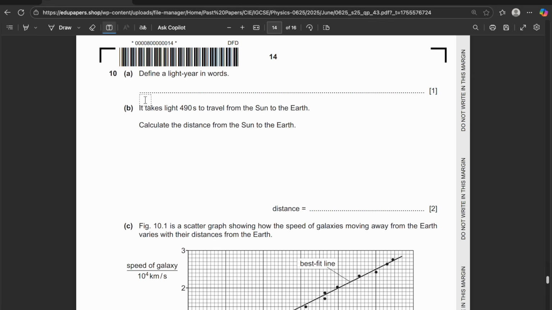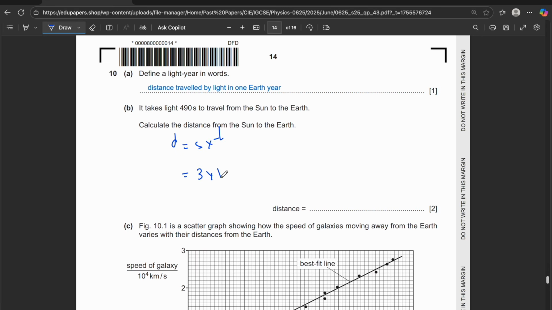10(a) Define a light year in words. So light year is a distance traveled by light in 1 Earth year. B. It takes light 490 seconds to travel from the sun to the earth. Calculate the distance from the sun to the earth. So distance is equal to speed into time.